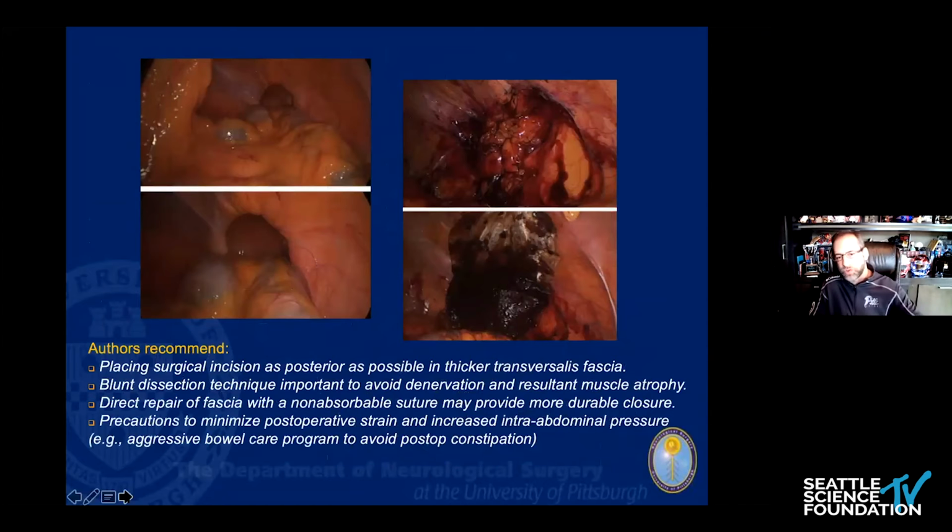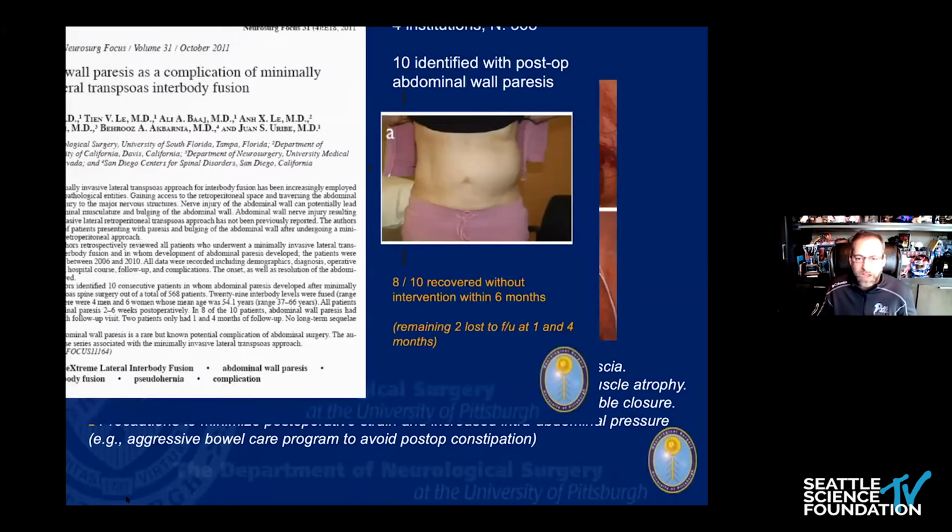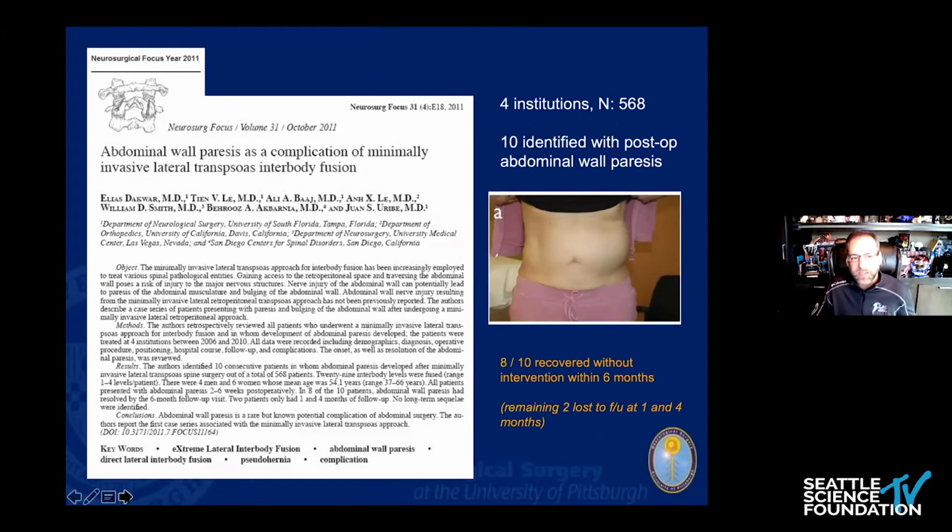That requires surgical repair. That requires a general surgeon to go in and place mesh and close that hernia. That's distinctly different from the abdominal wall paresis that occurs from stretch or injury to the nerves that are innervating the abdominal wall musculature.